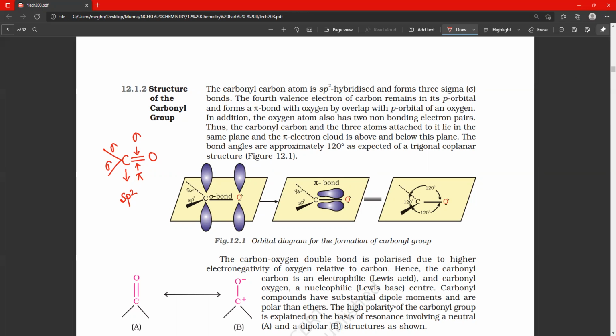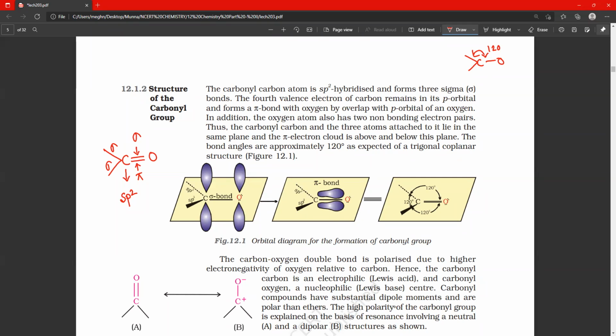So they're trying to make you understand that the carbonyl part is on the plane, and the pi bond is above the plane and below the plane. The pi cloud is above and below the plane. So obviously the bond angle is 120 degrees, right?